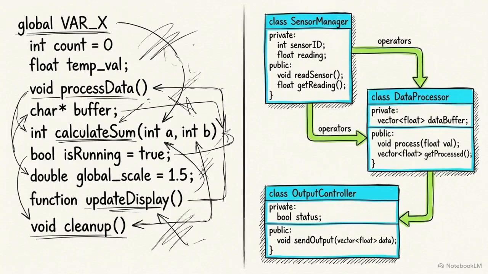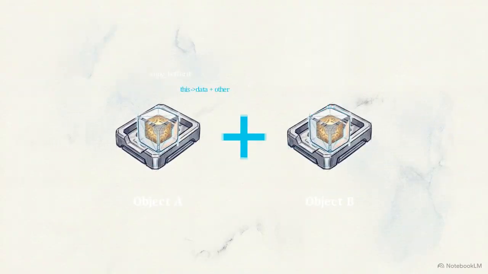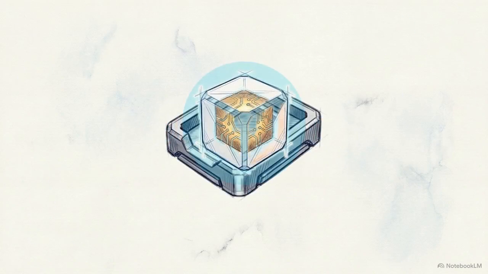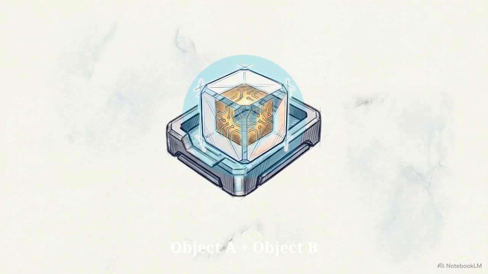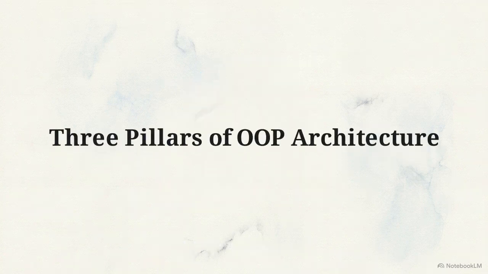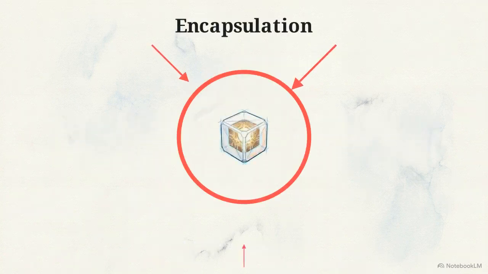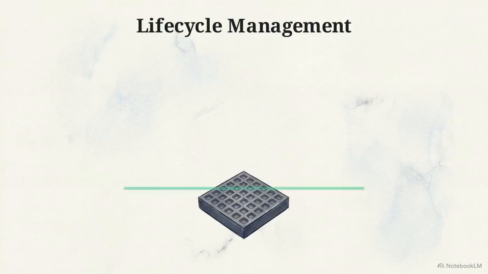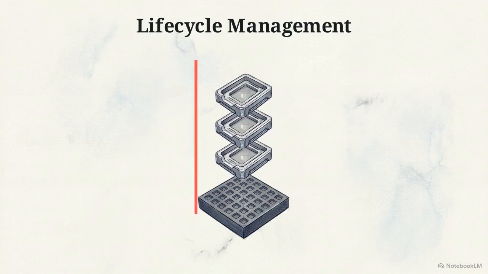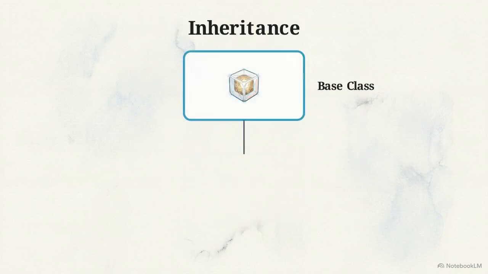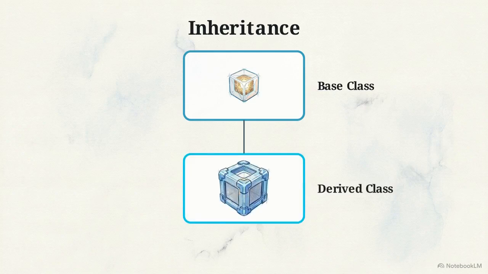Comparing the original procedural structure on the left with the C++ model on the right shows a fundamental change in how state is handled. C++ processes complex background operations invisibly. Abstractions like operator overloading allow these encapsulated objects to interact as simply as raw integers. The architecture relies on three pillars: strict data hiding to prevent unauthorized access, automated constructors and destructors to manage memory lifecycles, and inheritance to safely reuse structural code.